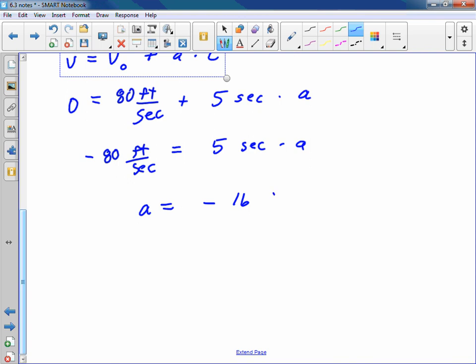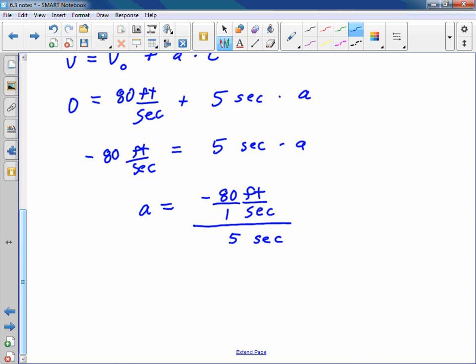Well, no, I think I'm actually going to show this to do the dimensional analysis. A equals negative 80 feet per 1 second over 5 seconds, really over 1.